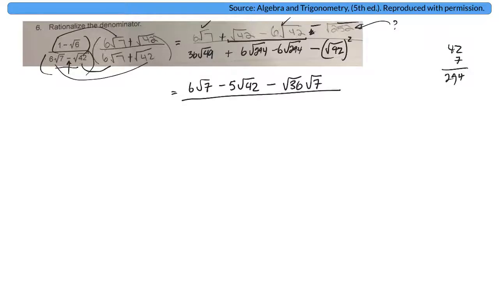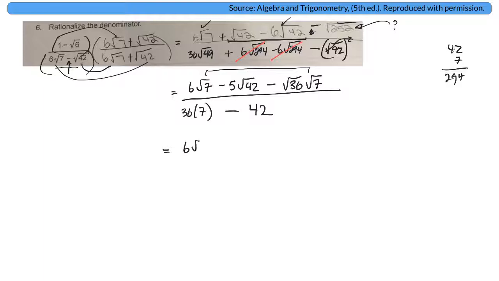Okay, all over. Now these middle two, because they're opposites, will cancel. And then the first one would be 36 times 7 minus this last one, the square and the square root cancel, so just minus 42. Keep simplifying here. These two have the same radical, so I can subtract them.